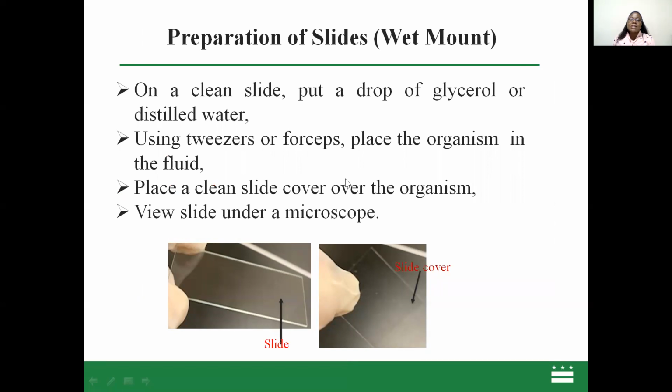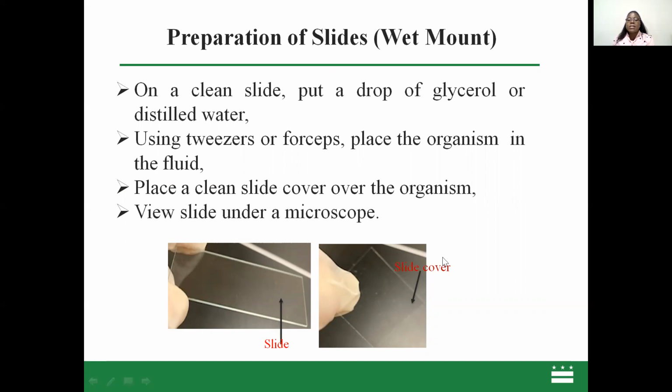This brings us to the last part of this presentation, which is the preparation of a wet mount. The first step is to get a clean slide like we have here. Add a drop of glycerol or distilled water, and using a tweezer, get your organism and put it in the fluid.